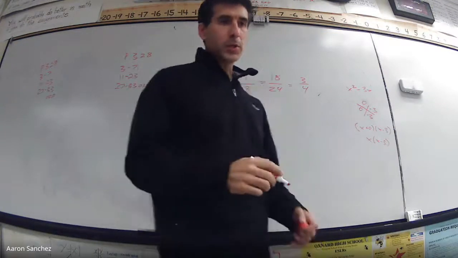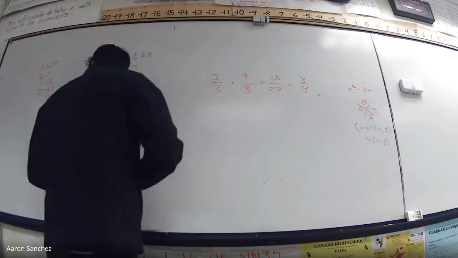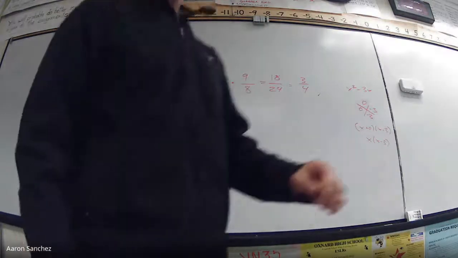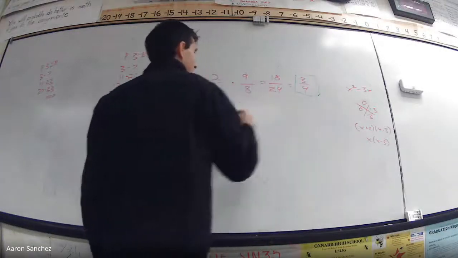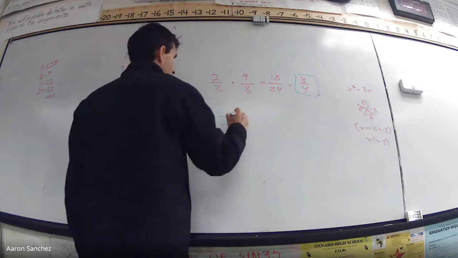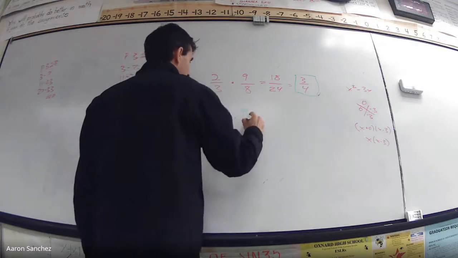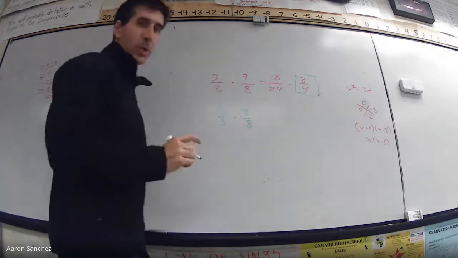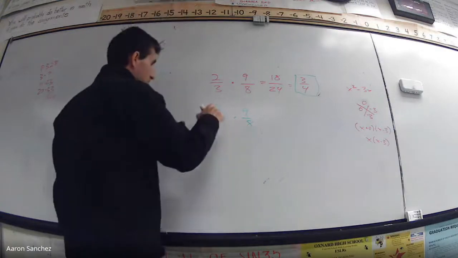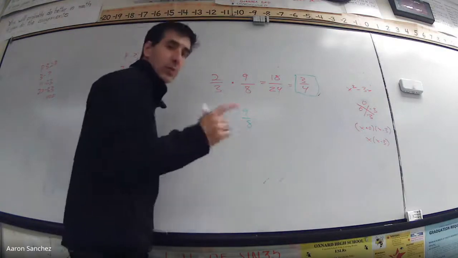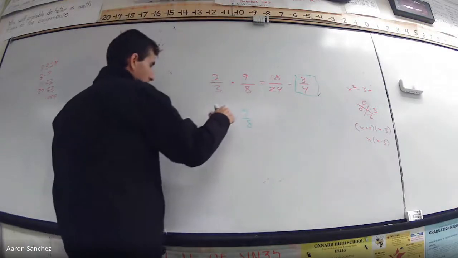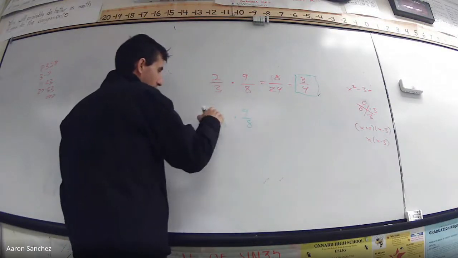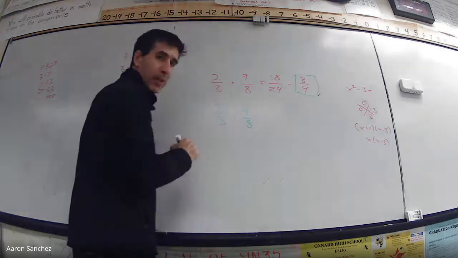Here's another way to do it, okay? So I want you to write that down. We can also go like this. Because this is our final answer, reduced. I can say 2/3 times 9/8. Another way we could do this is I can cross-reduce. Kevin, maybe that's what you're thinking too. Look here, 2 and 8 are both divisible by 2.